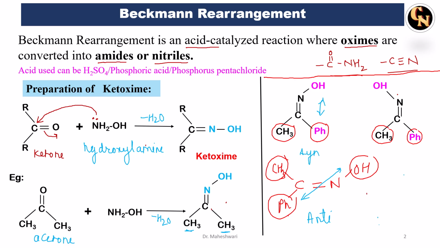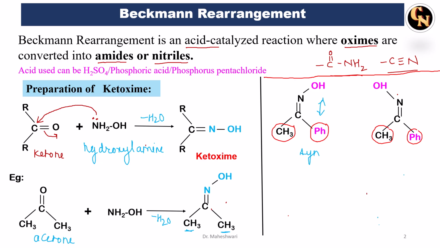Okay, so syn ketoxime and anti ketoxime, they are known as syn ketoxime and anti ketoxime. Okay, you should know this. Why is it important? Because in Beckmann rearrangement, these are called, let me just rub this so that we can write the names properly.